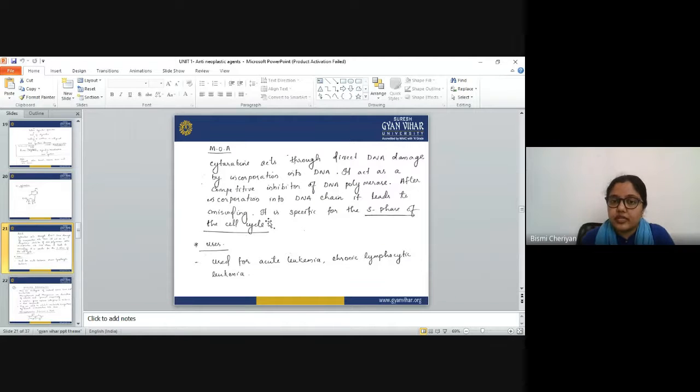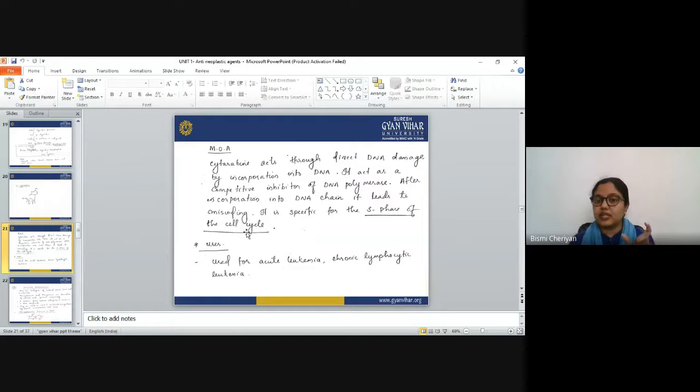Okay, so it is specific for the S phase of the cell cycle. Here also we have discussed what the phases of the cell cycle are. There are 4 phases: G1, S, G2 and M. So all the antimetabolite drugs are specific for the S phase of the cell cycle.